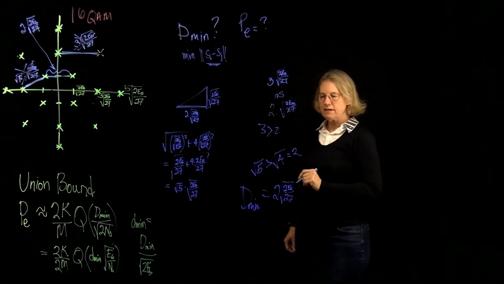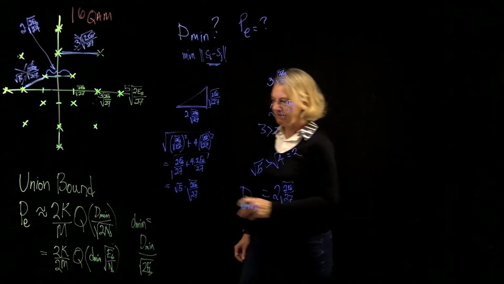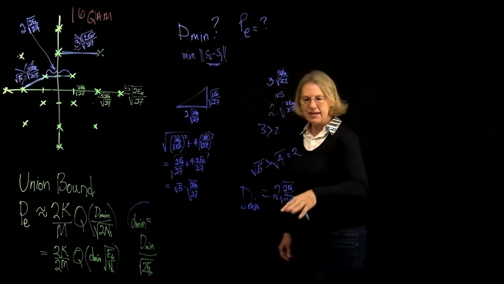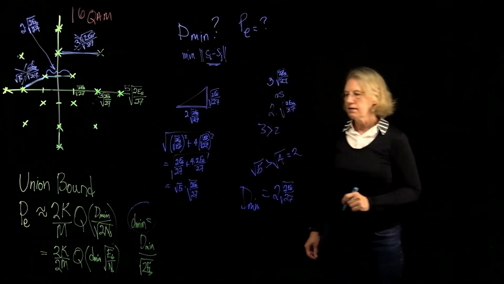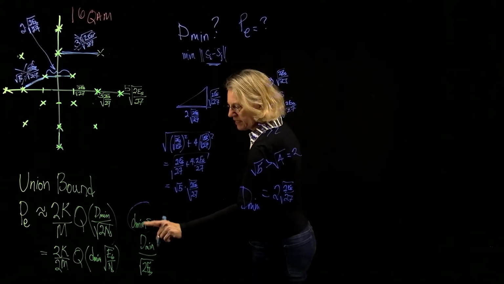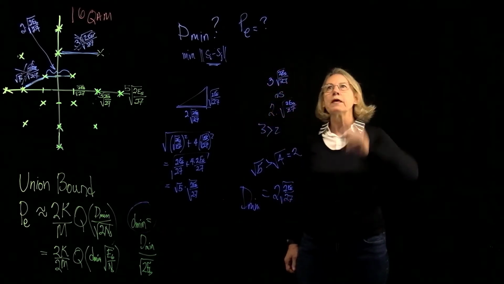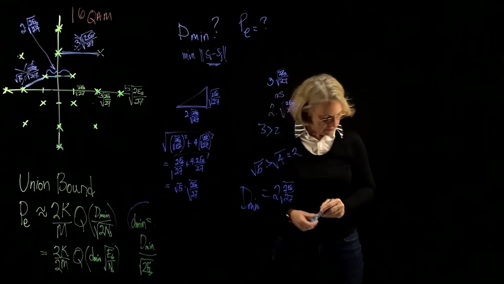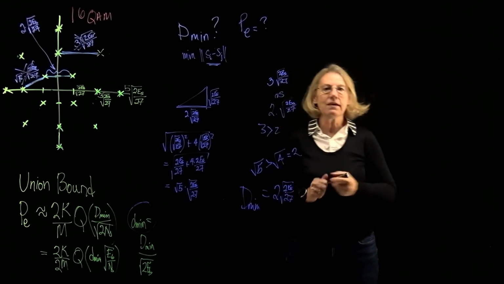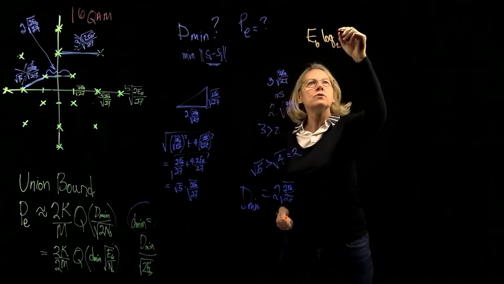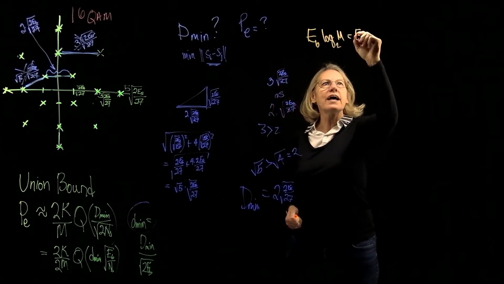From this choice, I can also find, if I like, the normalized Dmin. So capital Dmin is in terms of ES, and if I put lowercase dmin, I will be normalizing that. And to do that, I'm going to use the relationship that EB times log2 M equals ES.